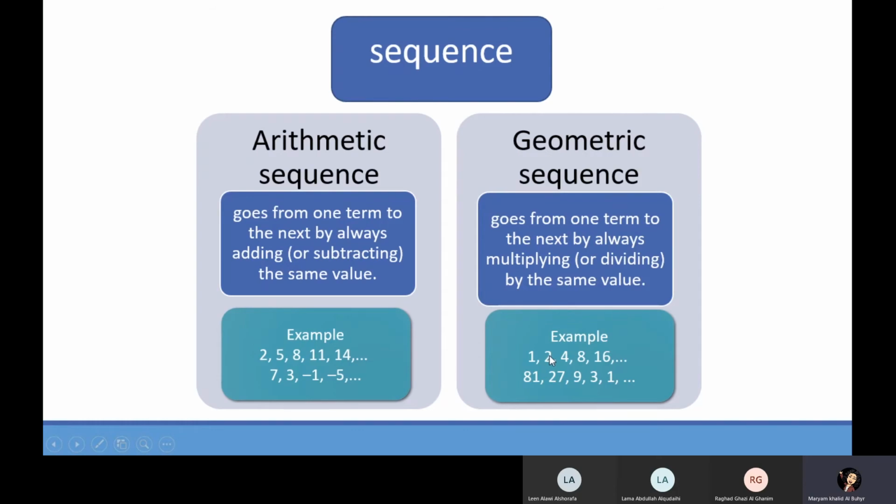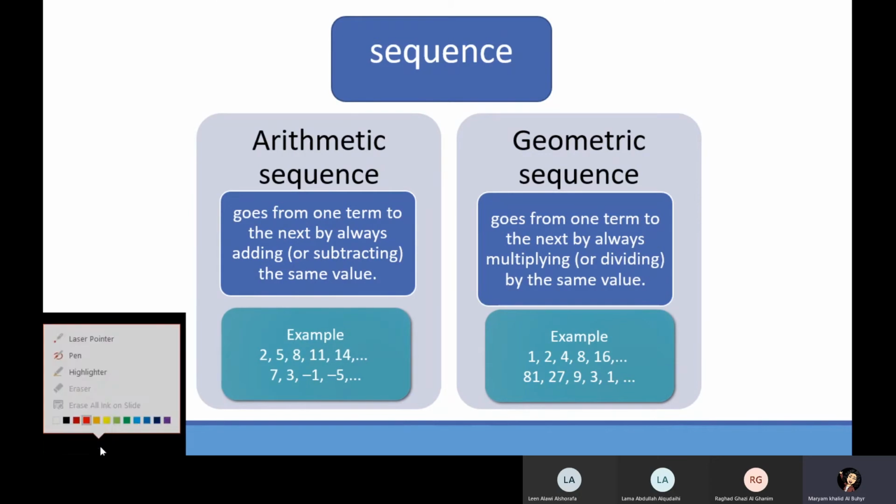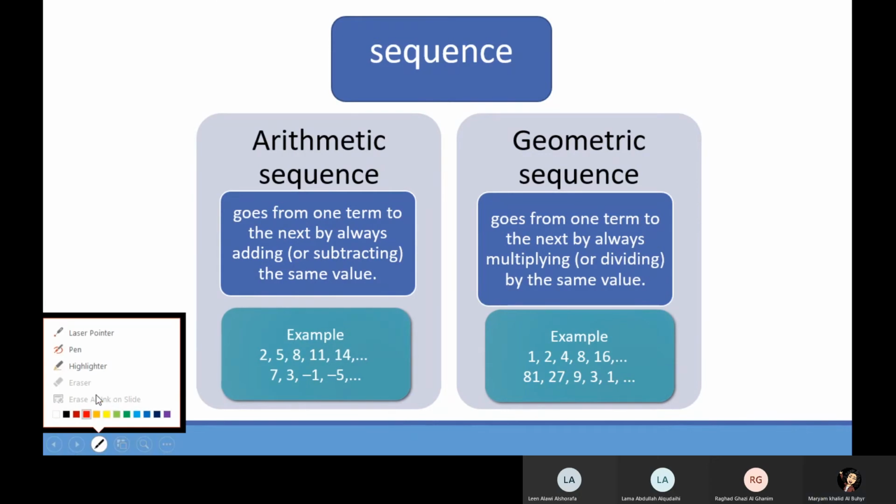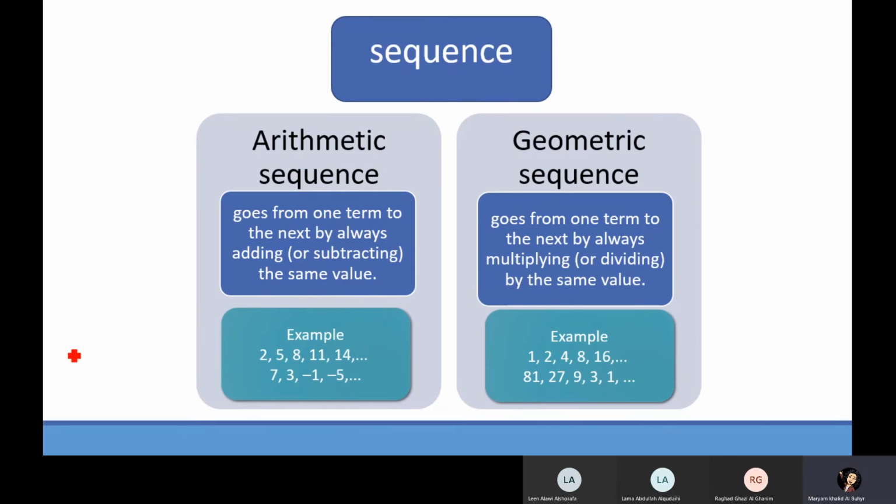R is 2. So here I wish I could write, so I will try this. Okay, great, I could write. So here we can have R equals 2, then we can write A1 equals 1 according to this example.